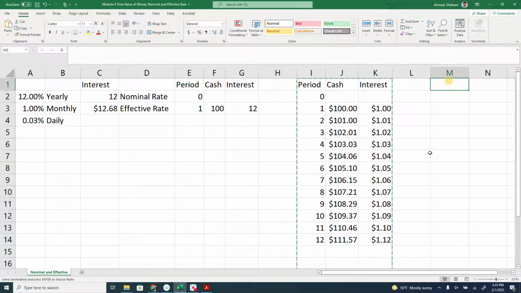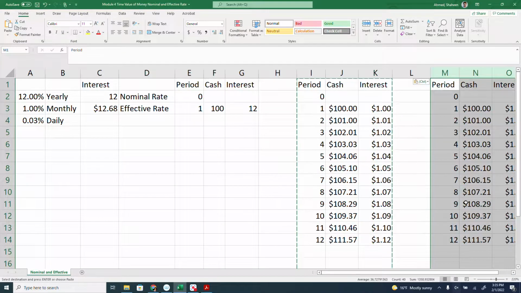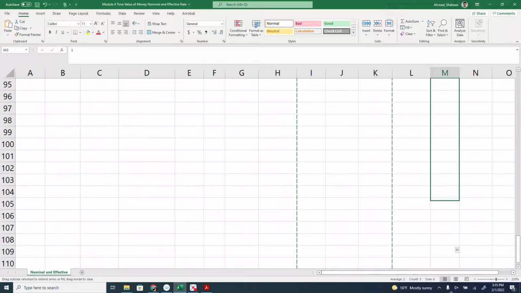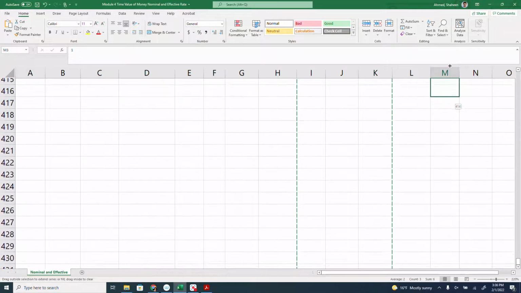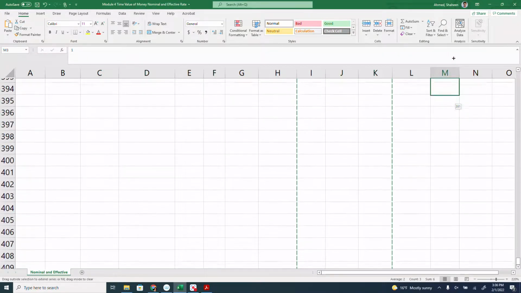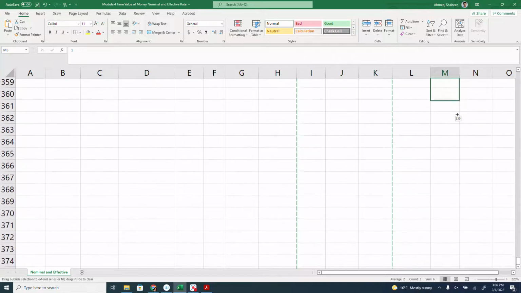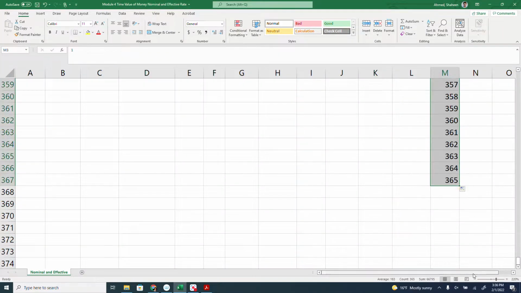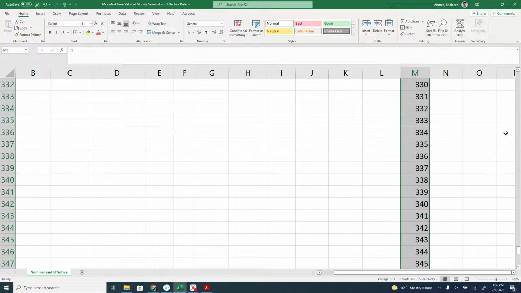Let me show you how to find that. We're going to create up to 365 days. There's probably an easier way of doing it, but I don't know how to do that. So let's just manually drag and drop up to 365. Here is the 365.